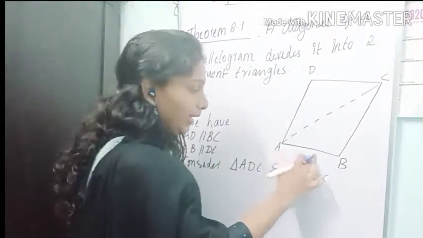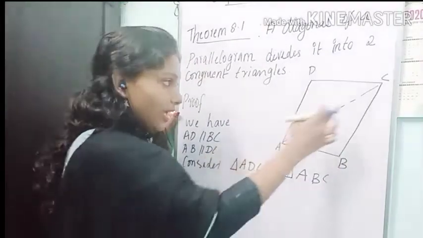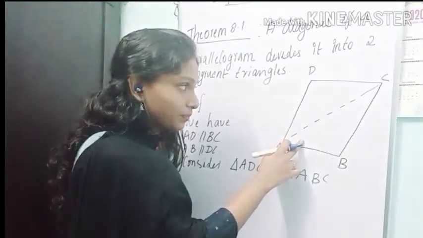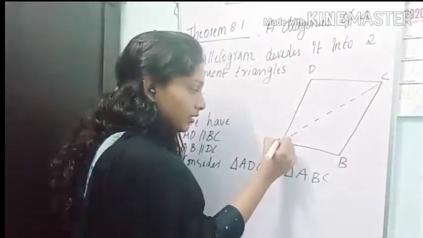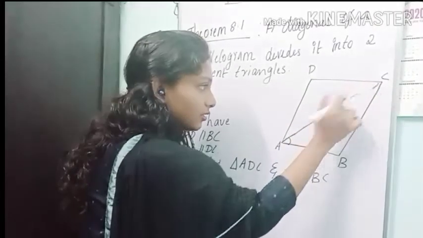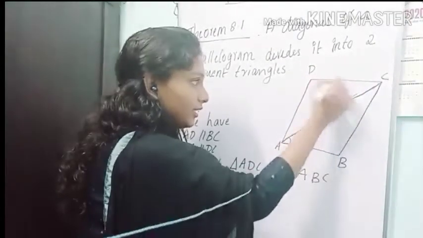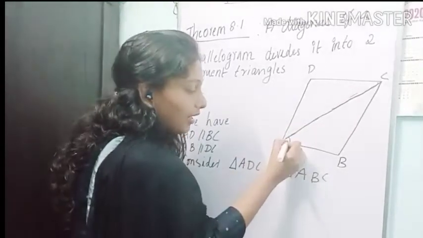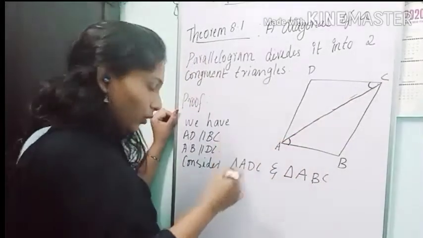AB and DC are parallel and AC is a transversal line. AB, DC are parallel lines, AC is a transversal line, and this angle and this angle are equal.